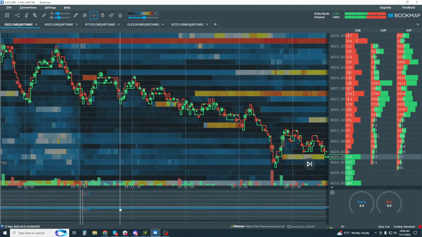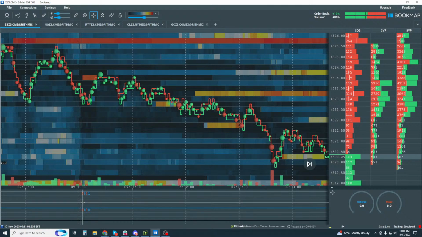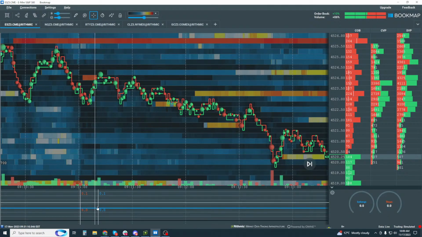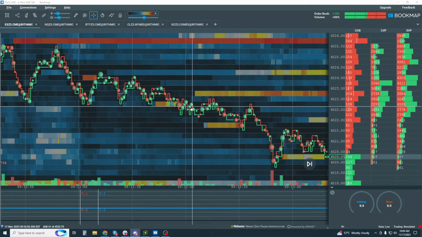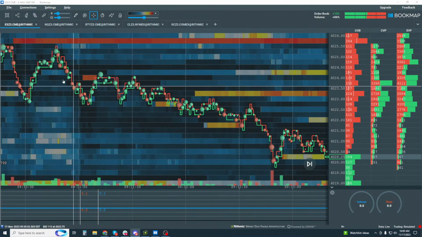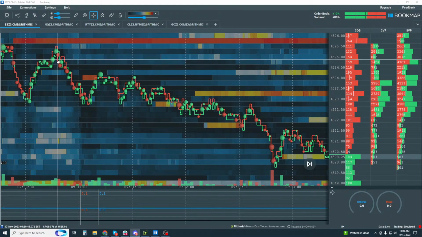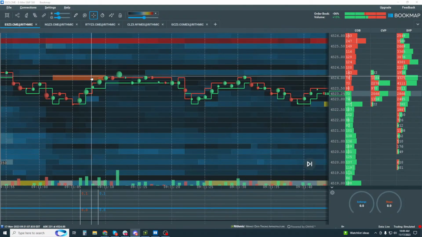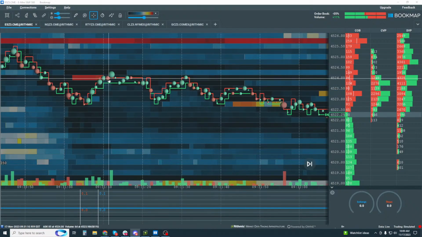Now unfortunately I had to start my computer a bit later. I would have loved to have seen the iceberg orders in here. Maybe someone has it and can take a screenshot over in Discord, right? And we can take a look at this, because I can only think that there's got to be... I'm not seeing a lot of high liquidity in here. I see some in here that's absorbing.